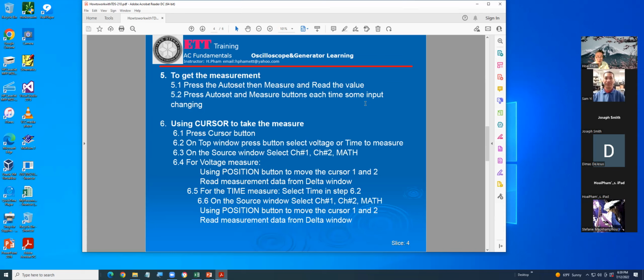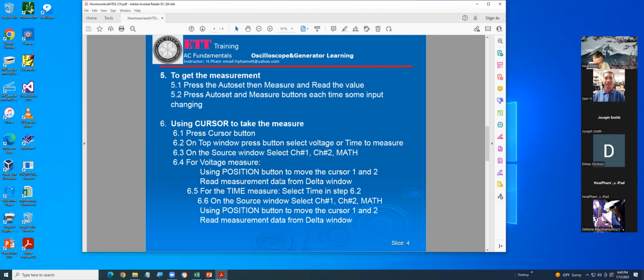And the question is, when do we need to press auto set, then measure? You're already working on this oscilloscope. My question is, when do we need to press auto set, then measure? Okay, so basically, nobody answers me, okay?